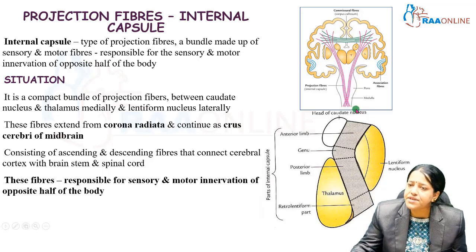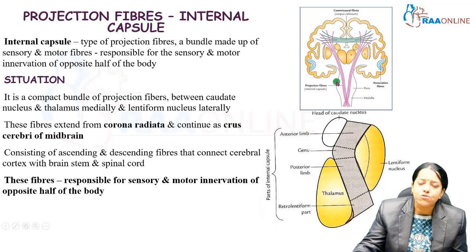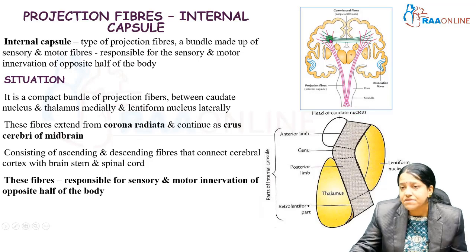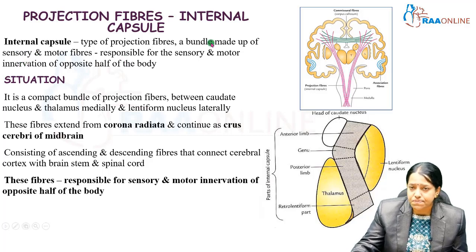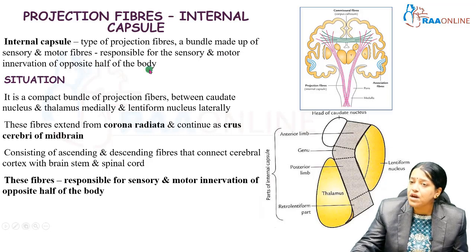I told you about the corticofugal fibers and the corticopetal fibers. Corticofugal fibers, which go out from the cerebral cortex, we take as motor fibers, whereas corticopetal fibers, which come to the cerebral cortex, can be taken as the sensory fibers, which are responsible for sensory and motor innervation of the opposite half of the body.